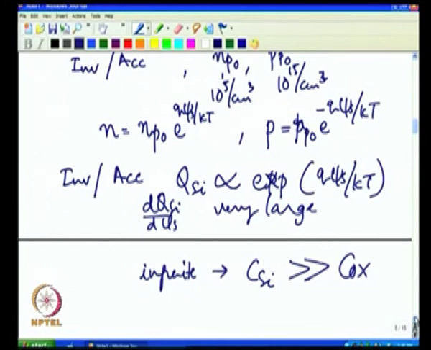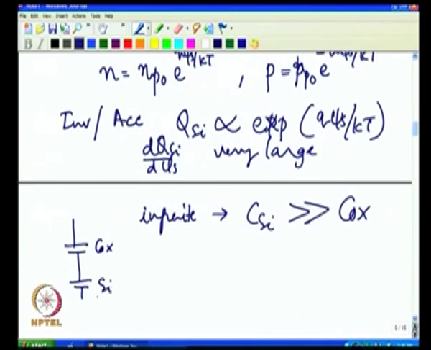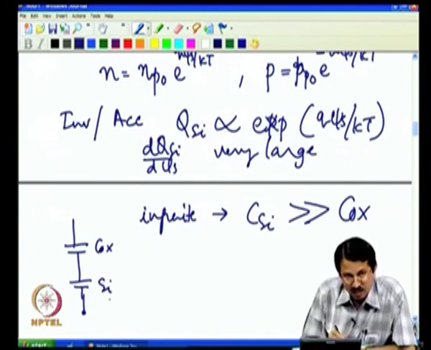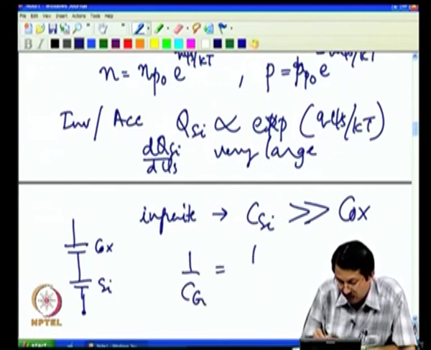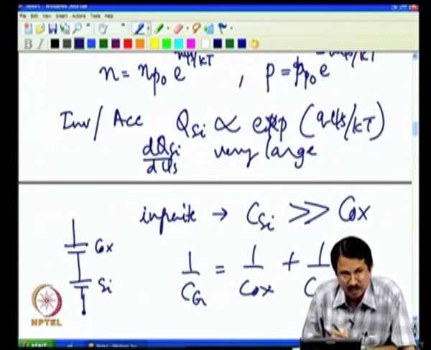So, when you have a series combination of two capacitors, you have C ox in series with C silicon. What happens to the equivalent capacitance? Remember the combination that we had, 1 over C g is 1 over C ox plus 1 over C silicon.